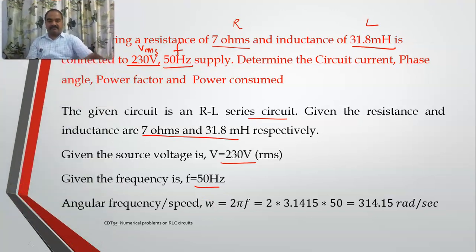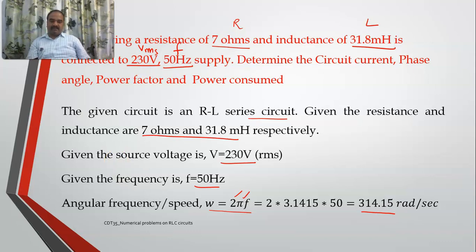What is the angular frequency? It is omega is equal to 2 pi f, which is equal to 2 into 3.14 into 50. So I'll be getting 314.15 radians per second. This is my angular frequency, omega.